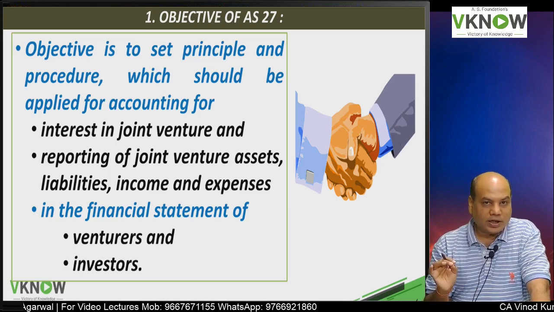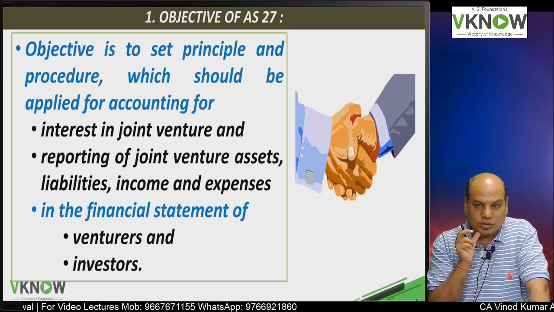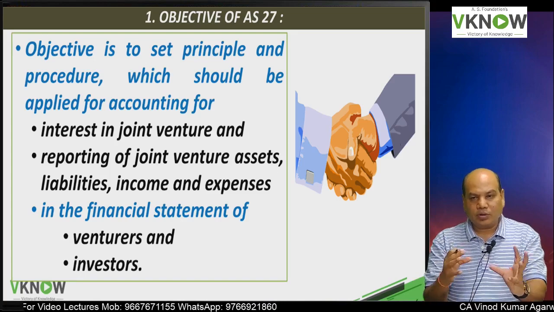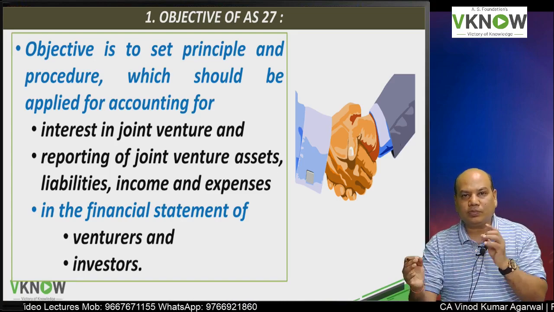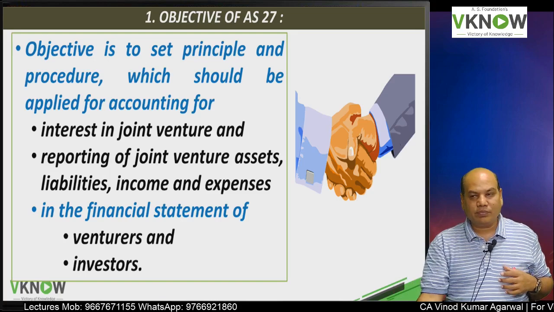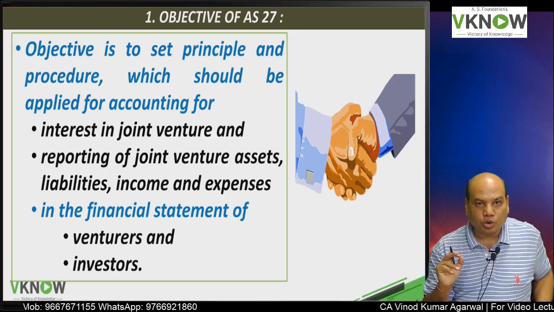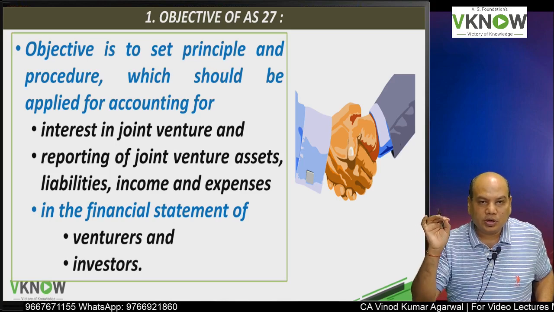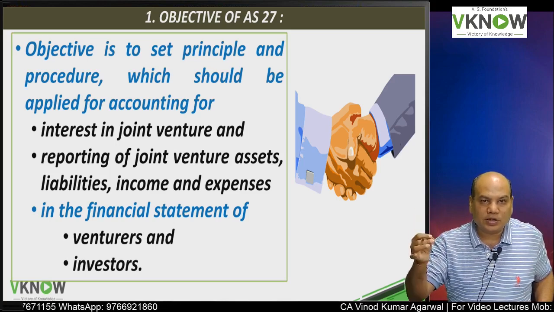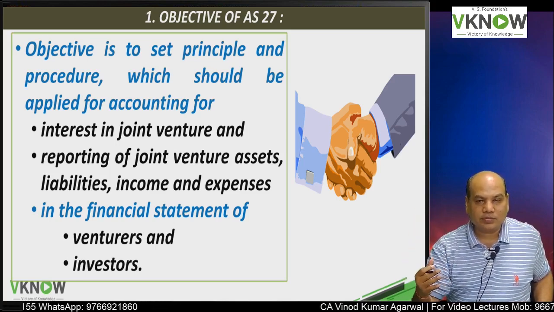Now why was a standard on joint venture issued? The answer is we invest a huge amount of money in joint ventures, and therefore the performance of the joint venture should be known to the users of the financial statements of the venturer.